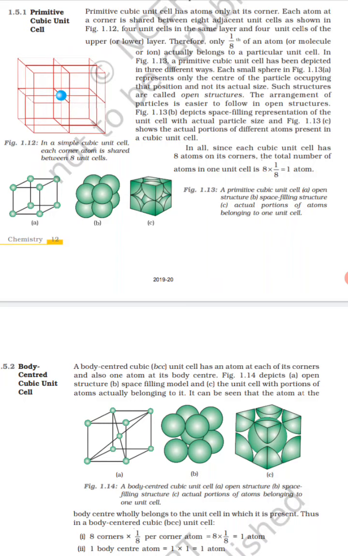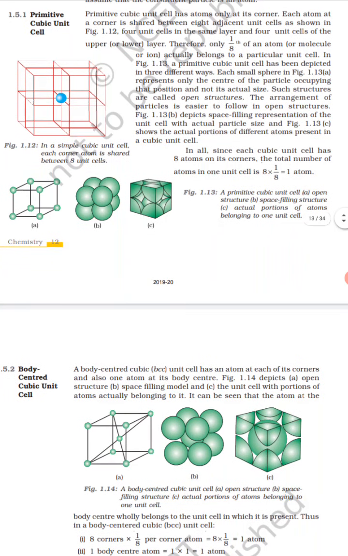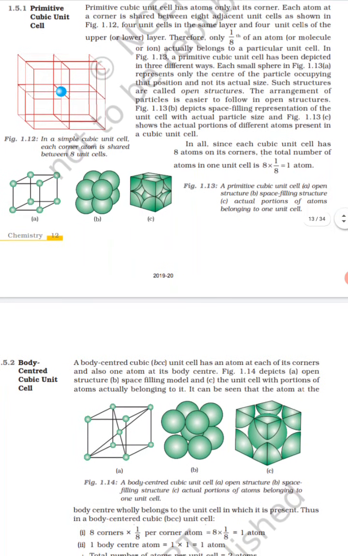However, if a particle is present at the body center of a unit cell, it won't be shared with any other unit cell, and hence its contribution to that unit cell in which it is present will be 1. Now consider the number of particles per unit cell one by one.